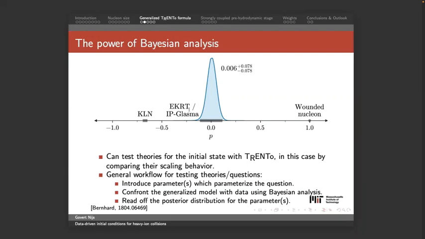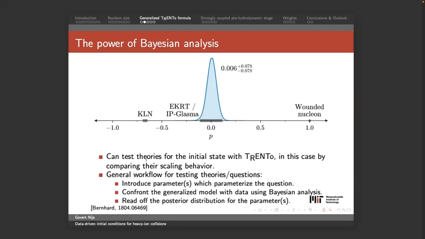But for example, this is the posterior from the Duke group, from Jerna Bernard's thesis, where you see the posterior overlaid with a couple of microscopic models, and you can really see that the wounded nucleon and KLN are very much outside of the posterior, so you can rule them out, at least in terms of how they scale. But both EKRT and IPGlasma are within the posterior, so you have a little bit more confidence that the assumptions going into these models are probably the right ones.